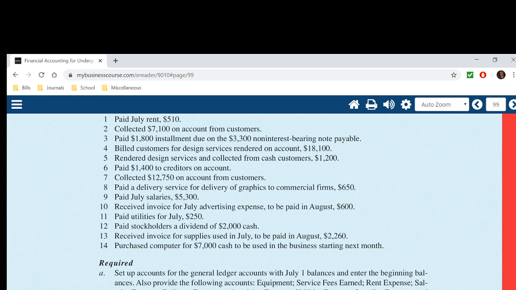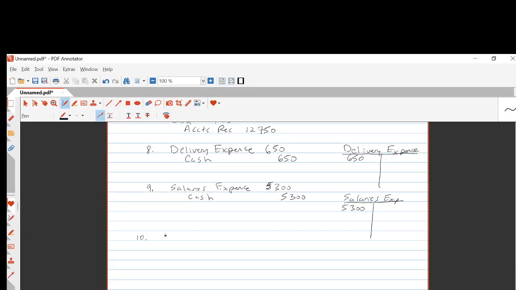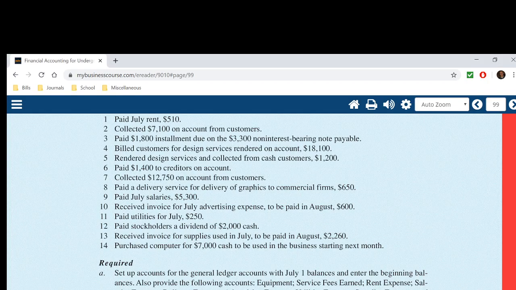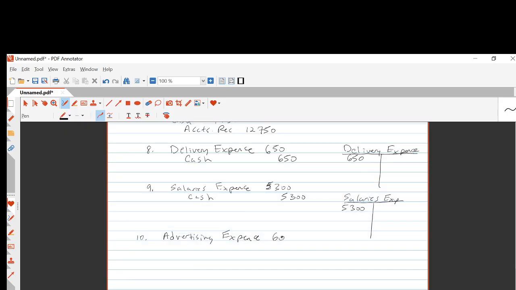So advertising payable would be the other account. So advertising expense goes up. So we debit advertising expense to show that, $600. And advertising payable goes up, which is a liability. So to make a liability go up, we credit it.